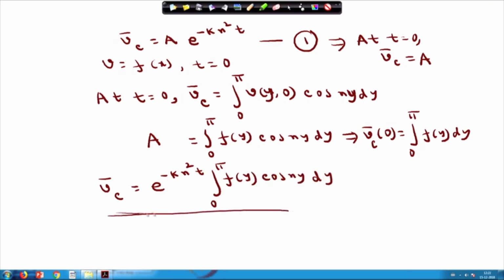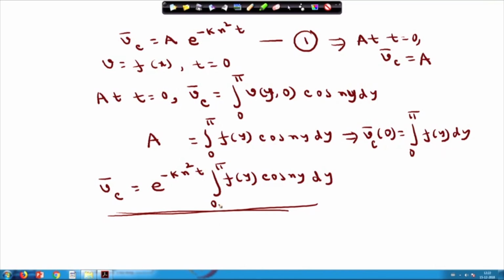So, you obtain V bar c equals e power minus k n square t integral 0 to pi f y into cos of n y dy, and also V bar c 0 equals integral 0 to pi f y dy. So, these two I have obtained.